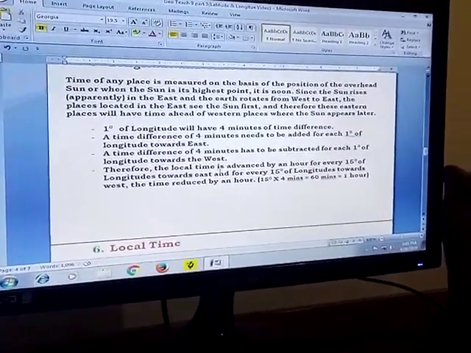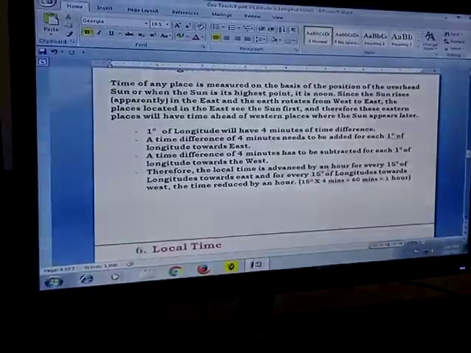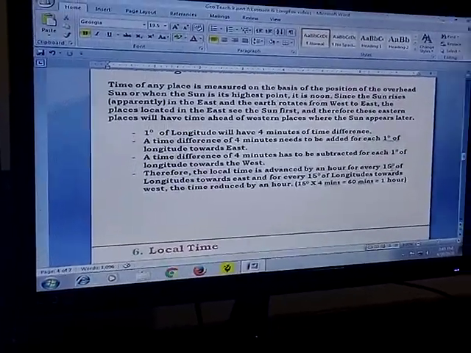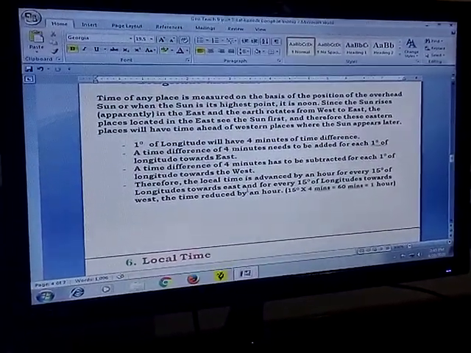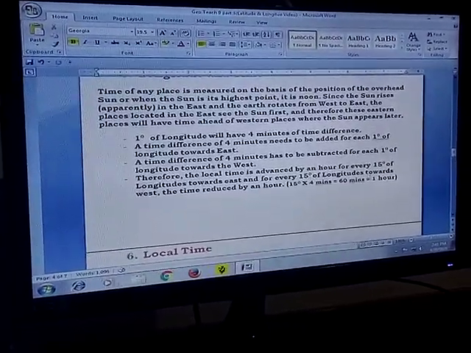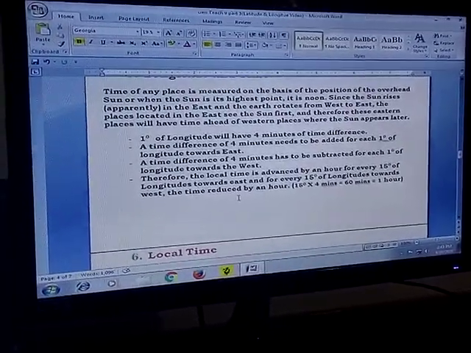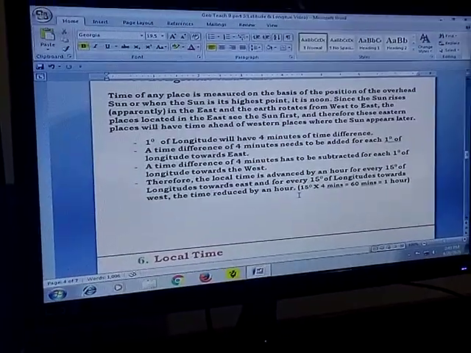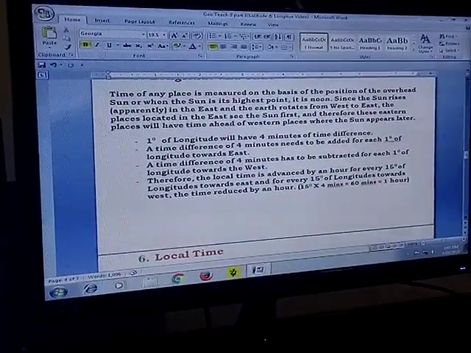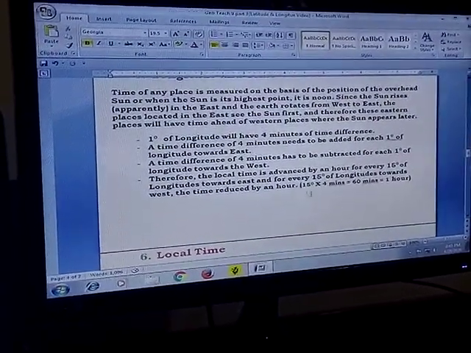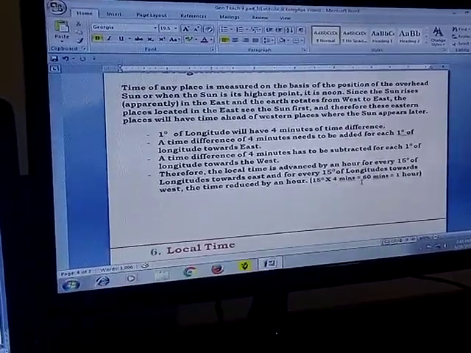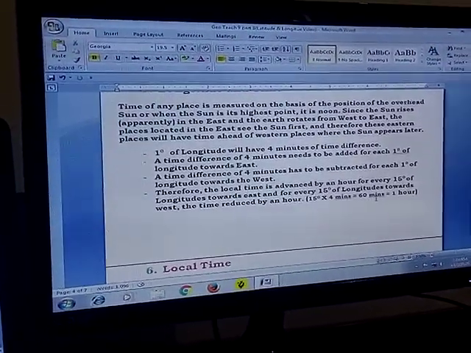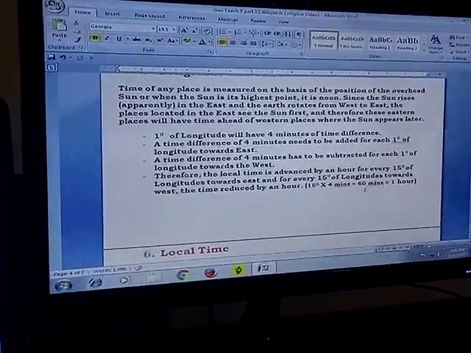Therefore, the local time is advanced by an hour for every 15 degrees of longitude towards the east, and for every 15 degrees of longitude towards the west, the time is reduced by 1 hour. How is it 1 hour? Because there are 15 degrees, so 15 degrees into 4 minutes is 60 minutes, which is equal to 1 hour.